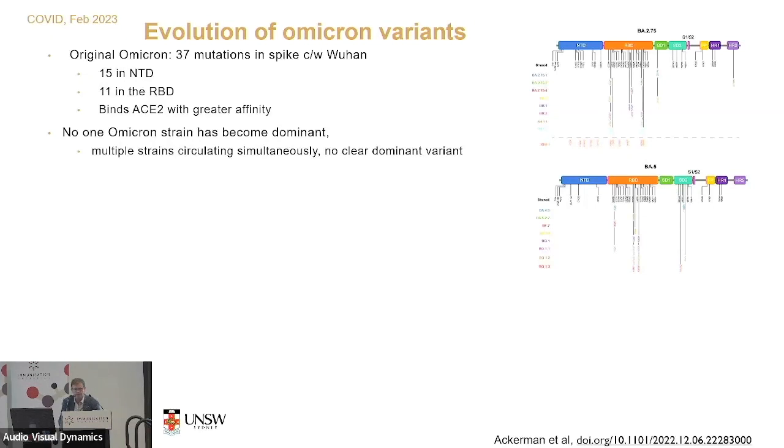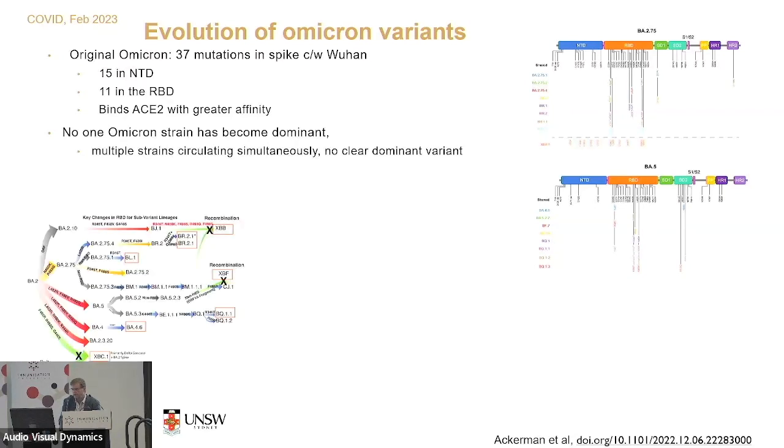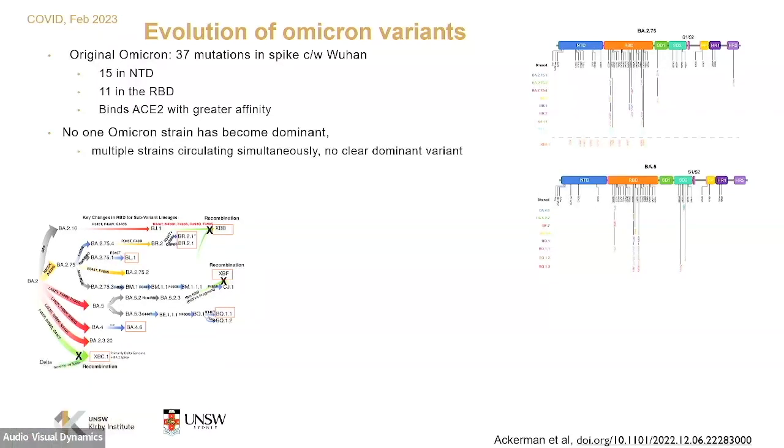What's happened is that those mutations have been sorted and resorted across the variants that have developed over time since the advent of Omicron. These have divided into various families that we all know, but no one of these variants has become dominant.